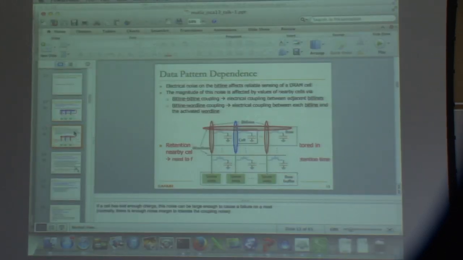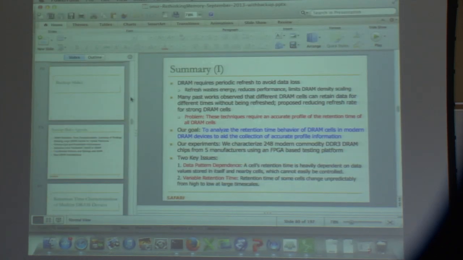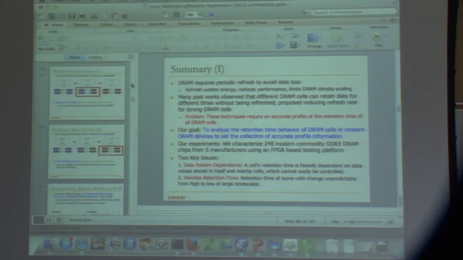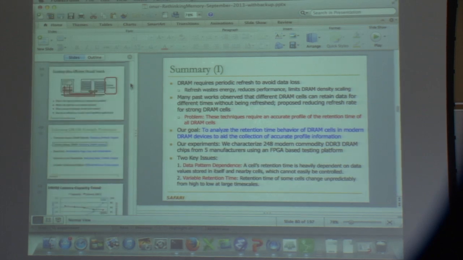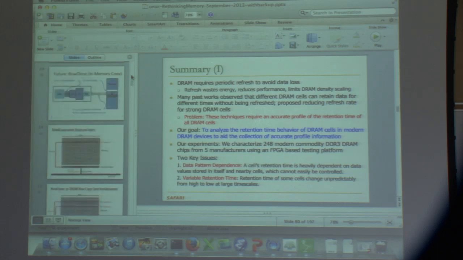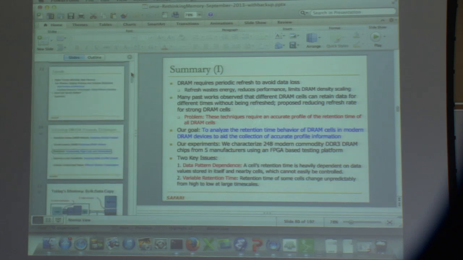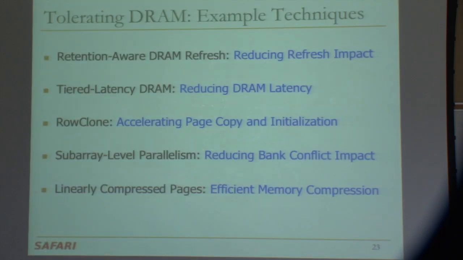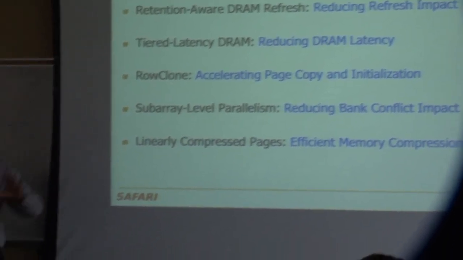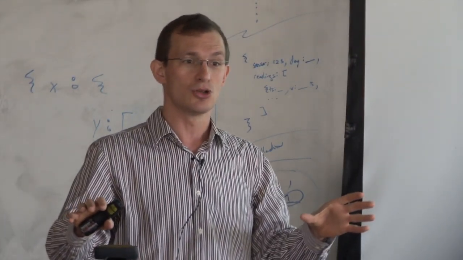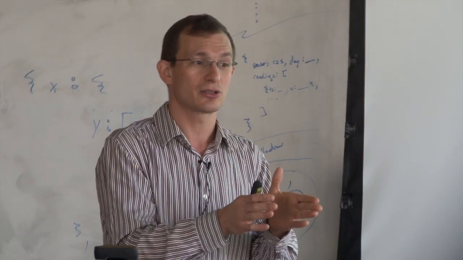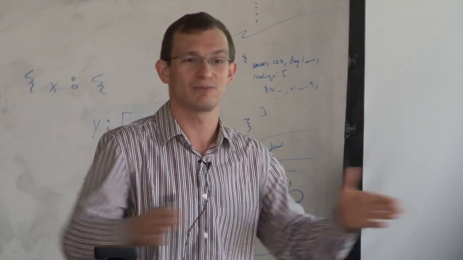But if you know the retention times, now you can do many, many things with it, right? You can expose these retention times to the memory controller such that the memory controller can refresh different rows at the retention time that each row requires. Or you could expose this to the operating system such that the operating system knows the retention times and tries to allocate data that it knows isn't going to last long to those rows that do not have long retention times.